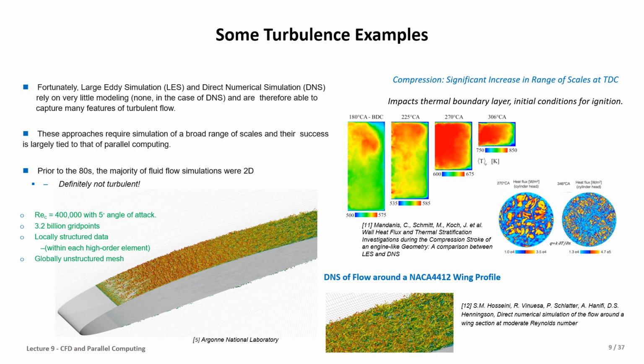So it means that, for some reason, we want to see the detail of the problem. Of course, DNS presents much more detail for this kind of problem. Another example, on the left-hand side, is DNS of the flow around a wing section at moderate Reynolds number.